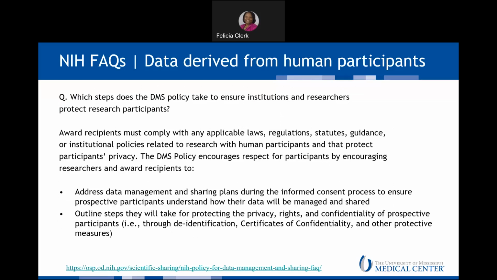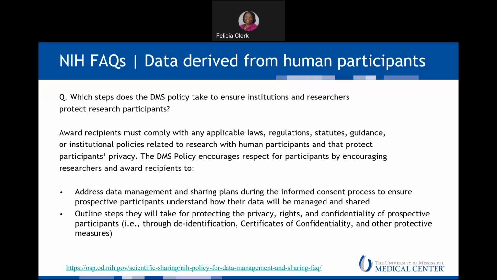The next question, which steps does the DMSP take to ensure institutions and researchers protect research participants? Award recipients must comply with applicable laws, regulations, statutes, guidance, or institutional policies. So we're going to adhere to all state of Mississippi laws.